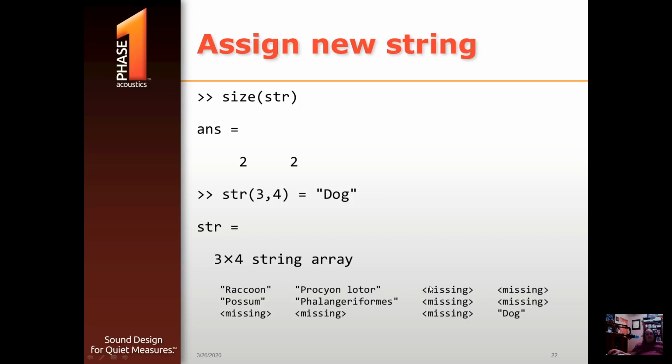It fills up all the missing information with the missings. So here's our original string array, the 2 by 2, raccoon and possum, and their scientific names.